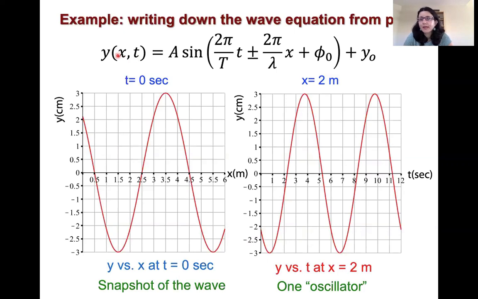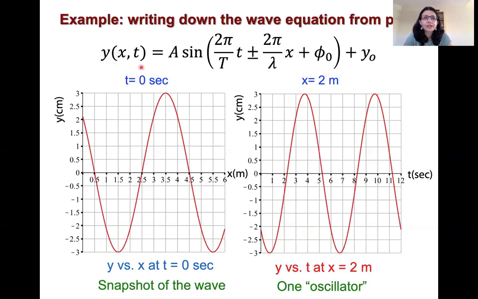You can imagine making a huge number of plots, for every position, how it changes in time to describe this wave. But what we're going to look at now is that sometimes it is sufficient to draw just two graphs, from which we can extract all the information about the wave. And from that, we can write down the wave equation for all the other positions and times. So this is our goal here.